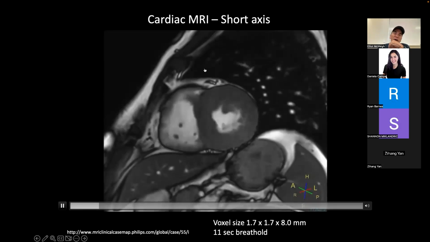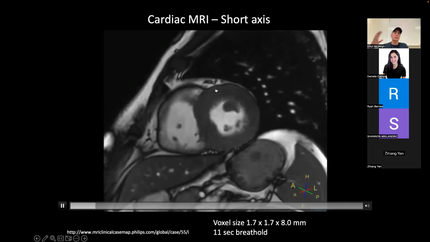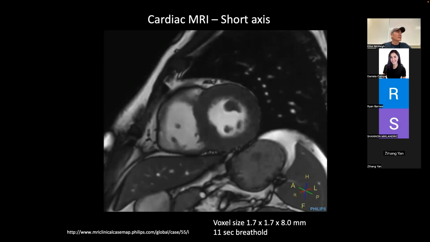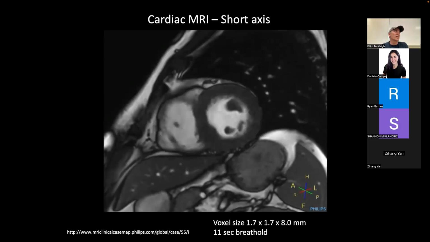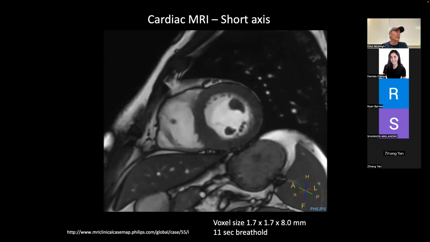And at the wall of the vessel, there's a partial voluming of the fat that is outside with the muscle, vascular wall tissue. And those signals cancel each other out, so you get a black signal there. That's called partial volume fat water cancellation.